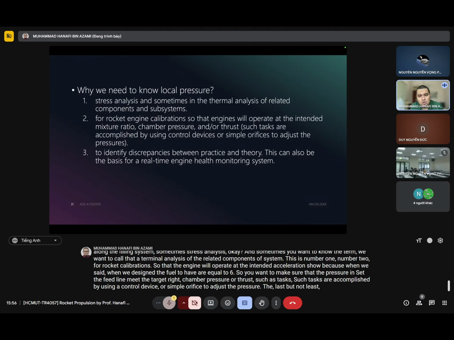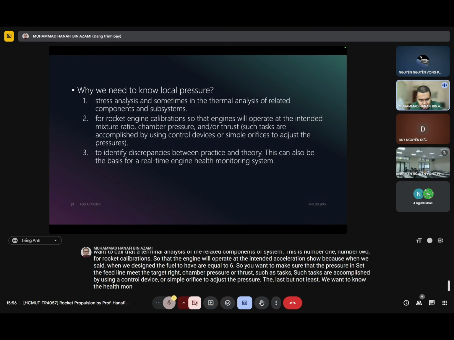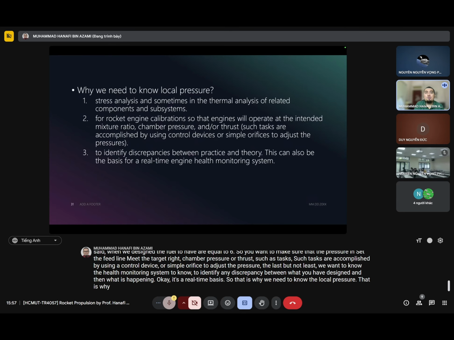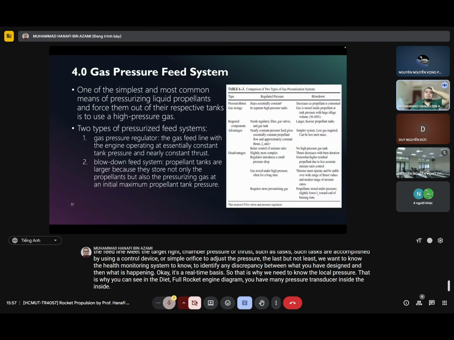Last but not least, health monitoring, to identify any discrepancy between what you have designed and what is happening, on a real-time basis. That is why you can see in the full rocket engine diagram many pressure transducers inside the feeding system.